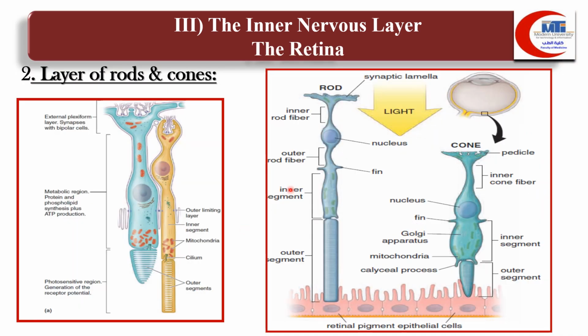Now let's know the structure of the rods and cones. The rods and cones are polarized neurons. Each one has a single photosensitive dendrite at one pole, while the other pole synapses with bipolar cells.